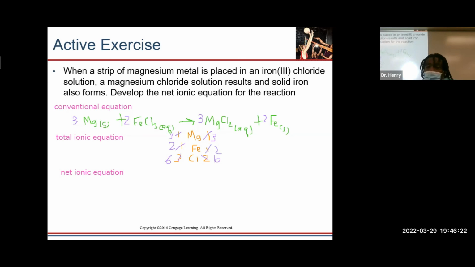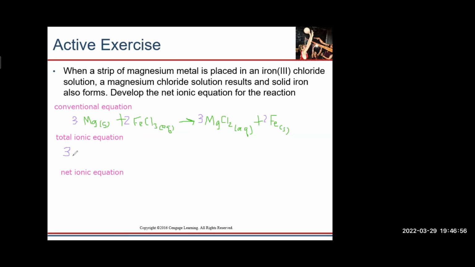Okay, now what about our total ionic equation? Let me erase this. Yeah, we don't need this. Now, our total. So magnesium, what are we going to do with that? We're going to leave it alone, right?